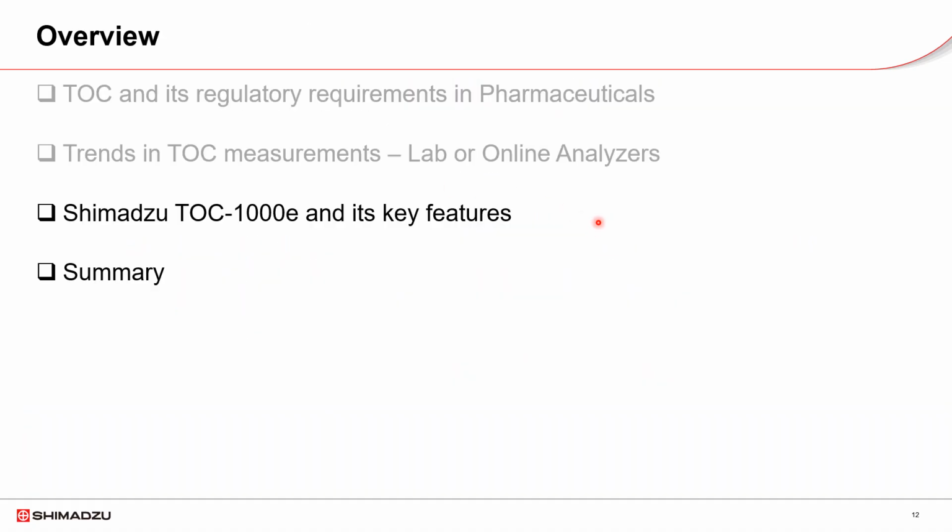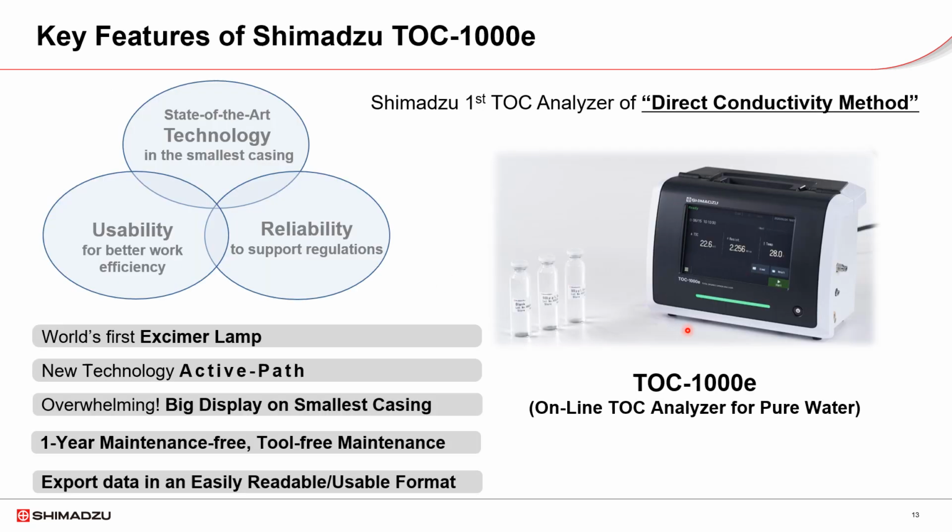Now we will discuss the key features of the Shimadzu TOC 1000E and its suitability to meet the pharmaceutical regulations. TOC 1000E is Shimadzu's first TOC analyzer based on the direct conductivity method. This analyzer is built on three key ideas: state-of-the-art technology, usability for better work efficiency, and reliability to support regulations.